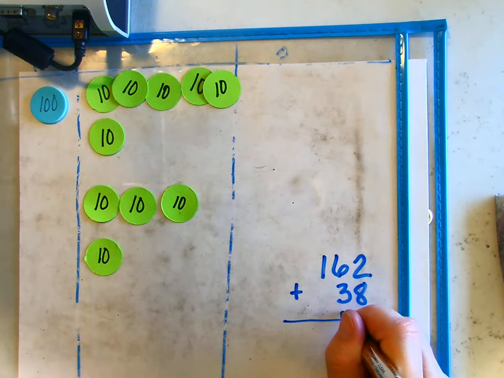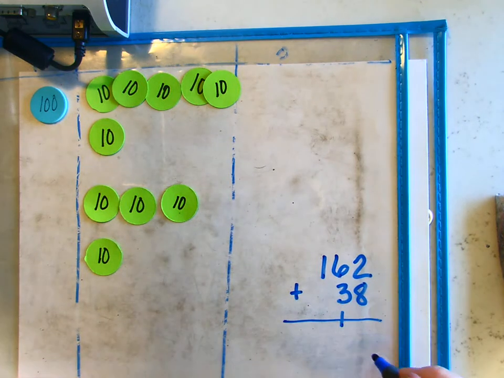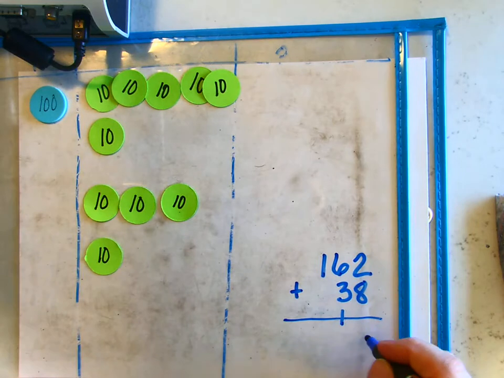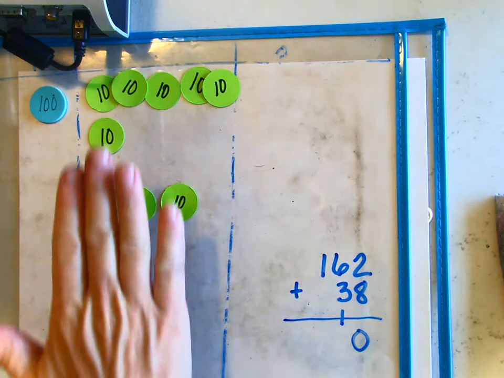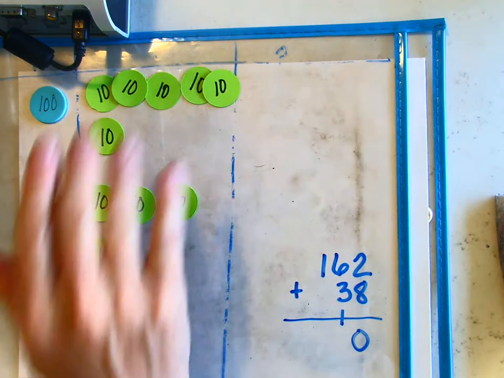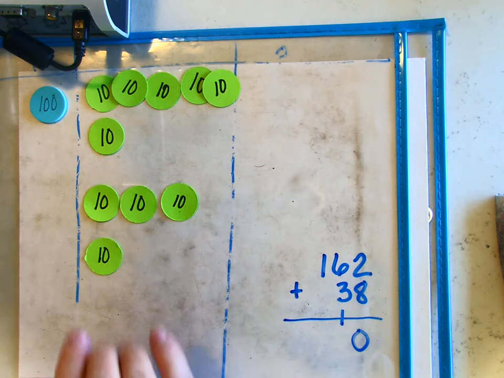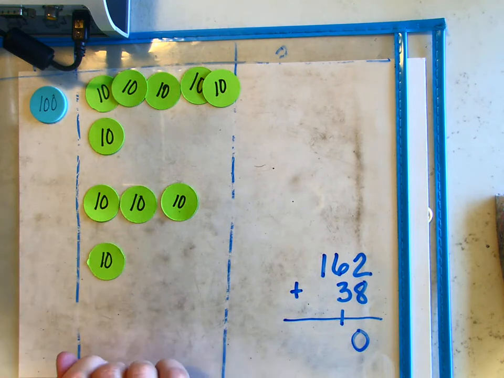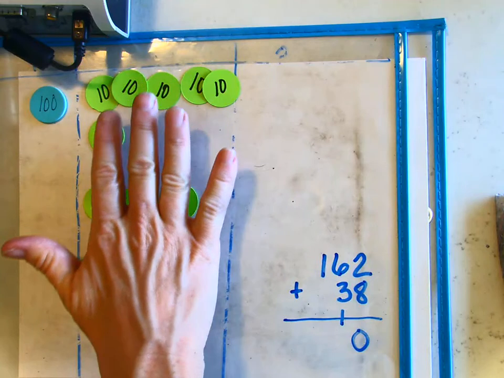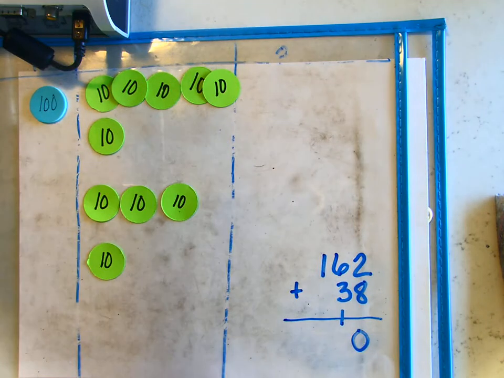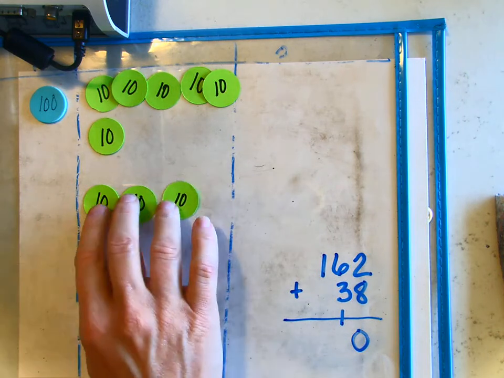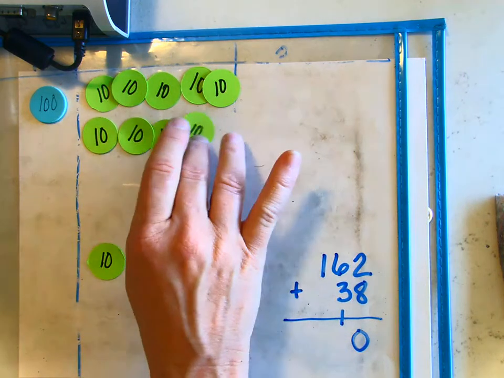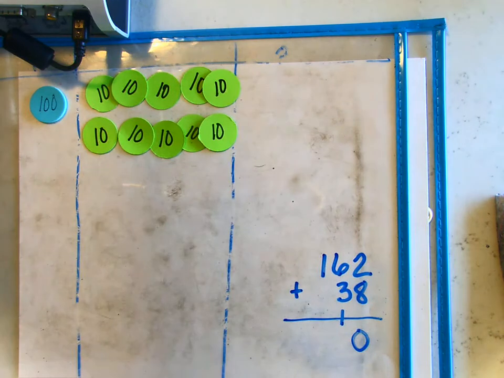We moved that 1 ten over to the tens column, and now there are 0 ones left. Looking at our tens, we have 6 tens plus 3 tens plus 1 ten. What is the friend of 6 that makes 10? 6 and 4. That's exactly what we have.